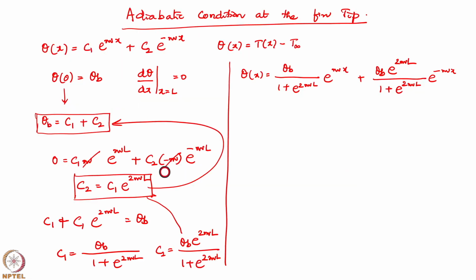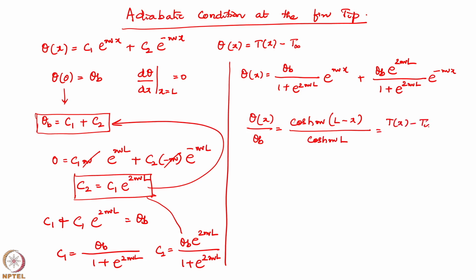So, let us write that as theta of x by theta b is equal to cosh m(L minus x) upon cosh mL. That is nothing but T of x minus T infinity divided by Tb minus T infinity.